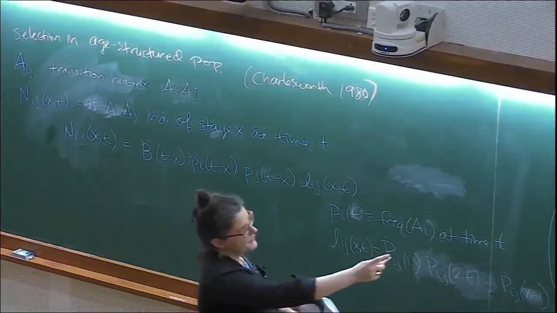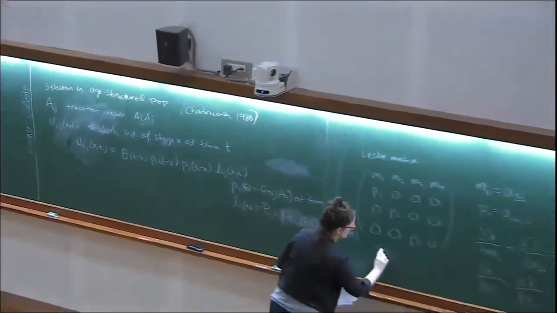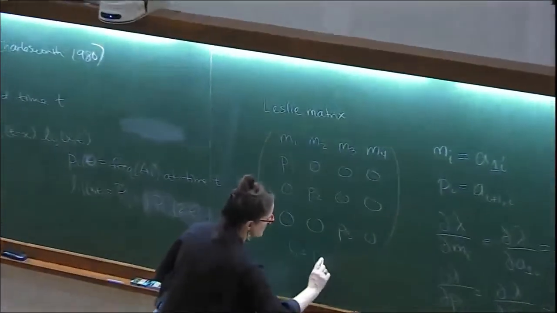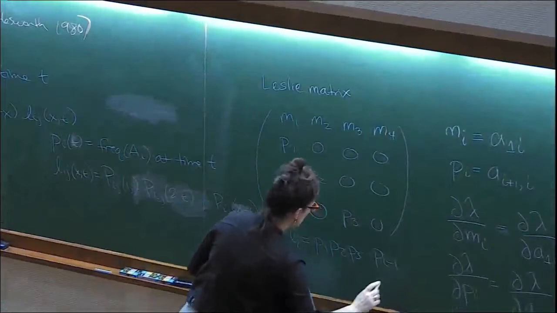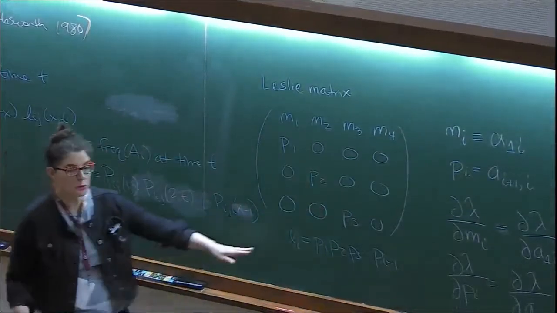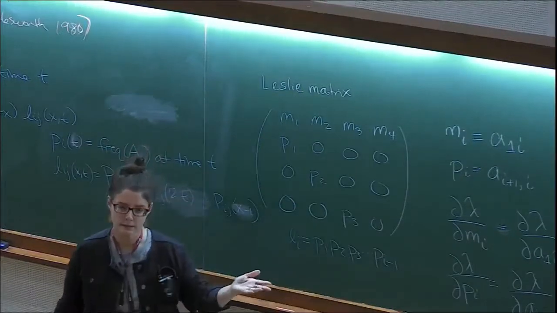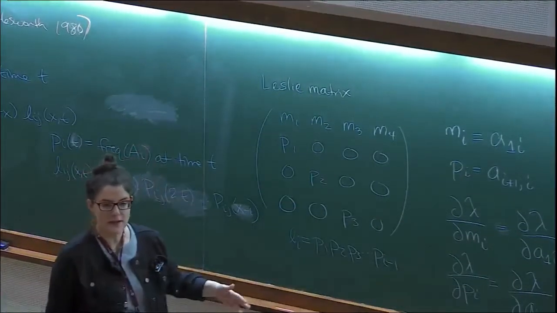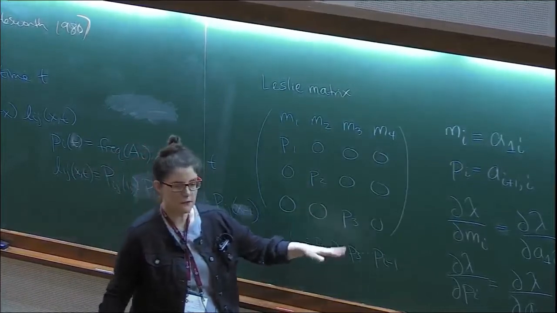Before, when we talked about the entries of the Leslie matrix, we introduced the idea of l_i being P1, P2, P3, up to P_(i-1). So that's the cumulative probability that you make it to age i, right? So in order to survive to age i, you have to survive from age 1 to 2, from 2 to 3, from 3 to 4, et cetera.